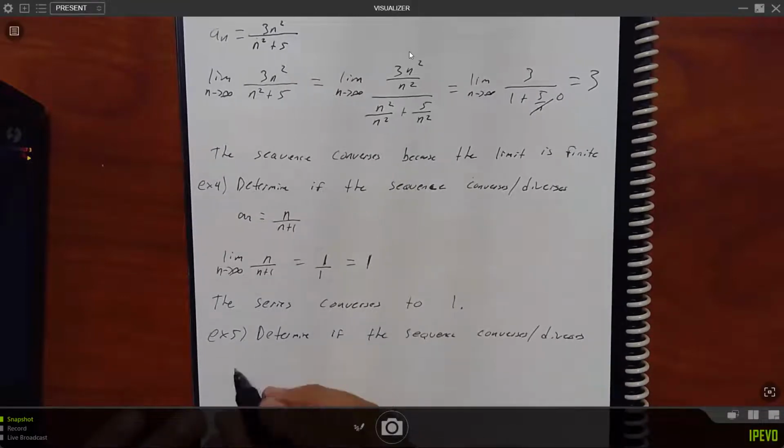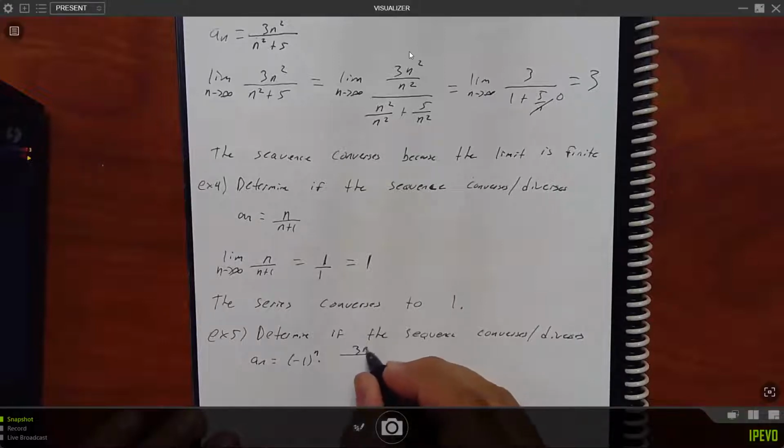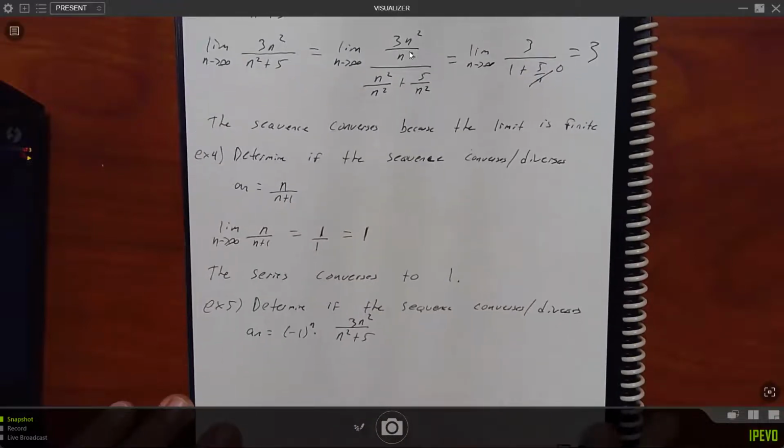So let's say you had a sub n equal to (-1)^n times 3n squared over n squared plus 5. What is this -1 going to do?